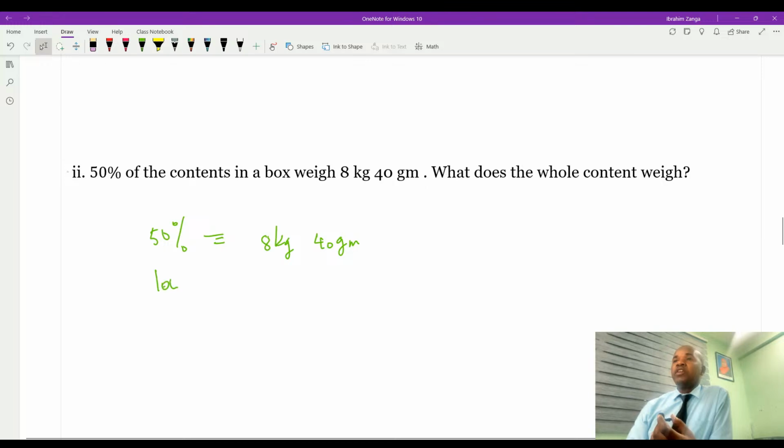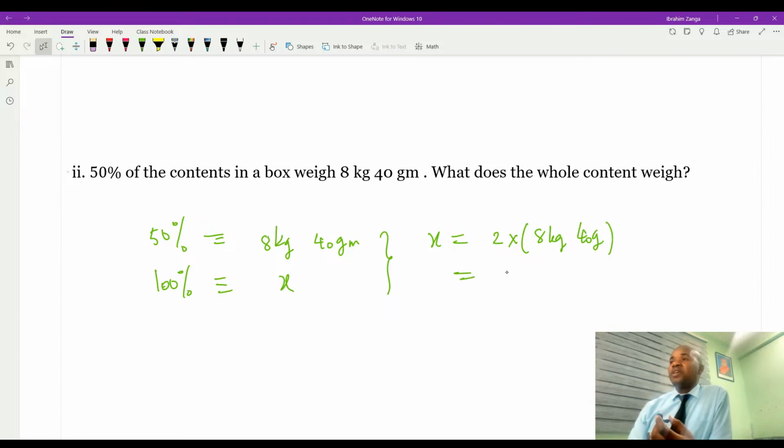So actually we are looking for 100% will be equivalent to how much? Solving for XC, we're going to see that actually XC will be 2 times 80 kg, 40 gram. And when you multiply this, will be actually 16 kg, and you have 80 gram.